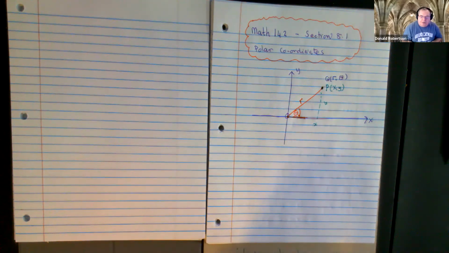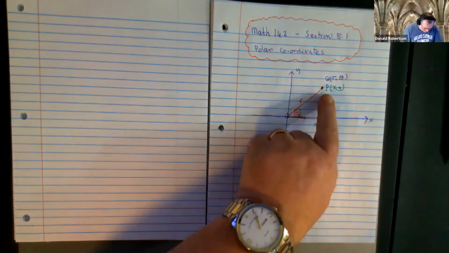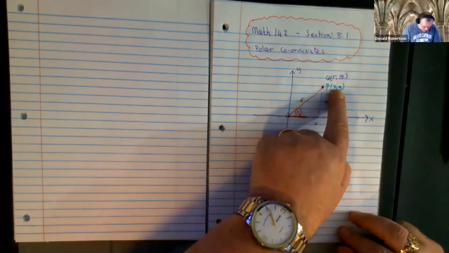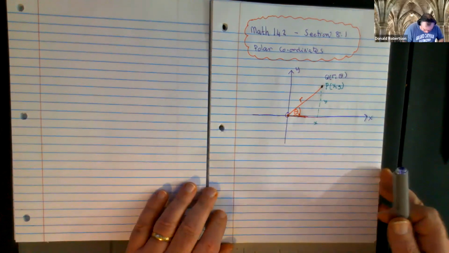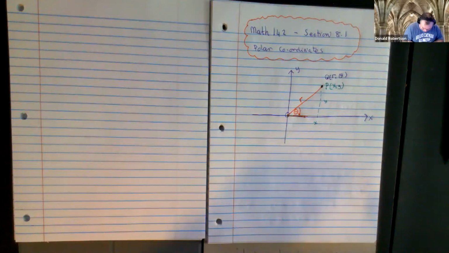To give you an example, my Calc 4 students today were doing a question involving a double integral. If you tried to do it using x's and y's, the algebra was horrible. But if you turned it into polar coordinates, it became a very simple question. So turning a coordinate system that uses x's and y's into a new coordinate system called r and theta, polar coordinates, can be and is very useful.